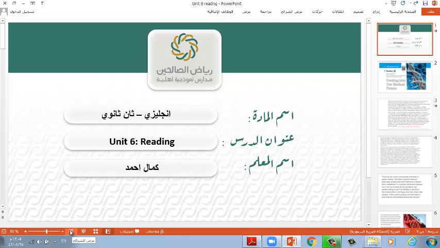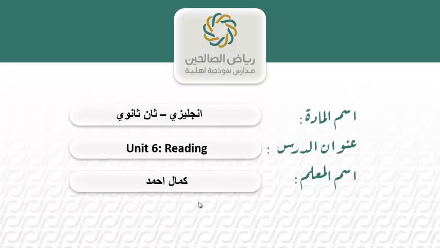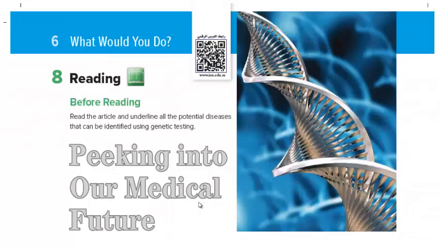Today we're going to have a reading, and as you can see from the picture, it is indicative of what? What do you think this reading is going to be about? You are right there, well done.